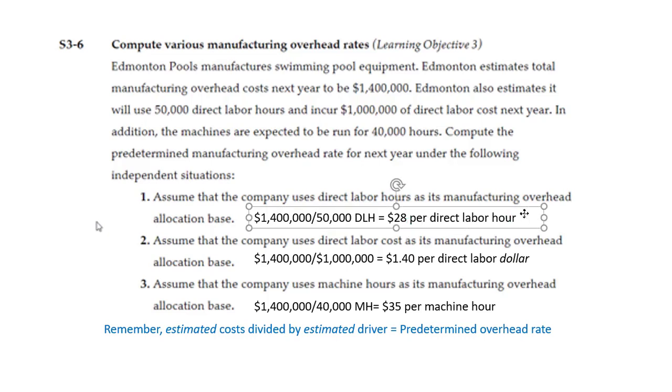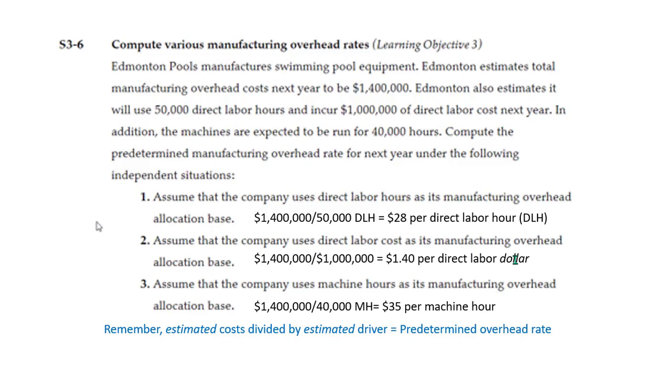What you want to do is put DLH in there, like direct labor hours, just to remind yourself so you don't lose track of that. If it's direct labor costs, this is going to be the one that's hard. It somehow doesn't fit in our heads right, but this is going to be dollars divided by dollars. So $1.4 million divided by $1 million direct labor costs gives us $1.40 per direct labor dollar.